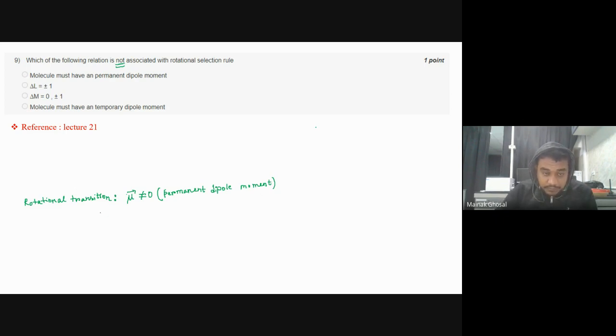Because it was also proved using Fermi's Golden Rule that the transition probability depends upon mu, and the factor is called the transition moment integral. I have said in the past two classes that for a transition to happen, your transition moment integral should be non-zero.